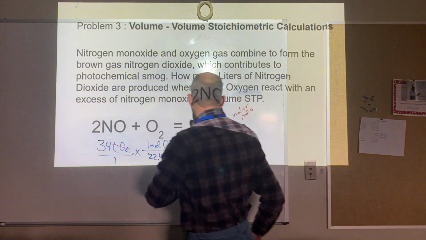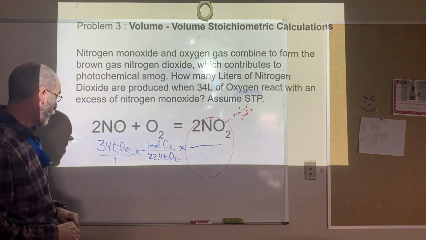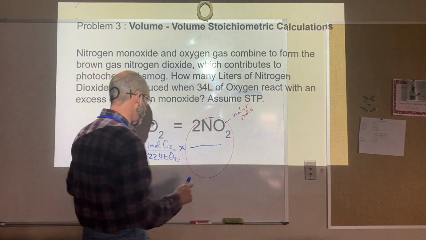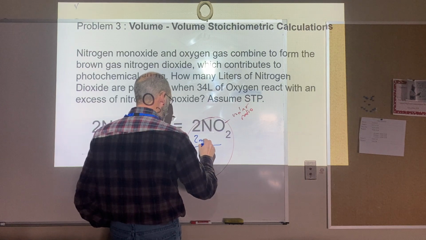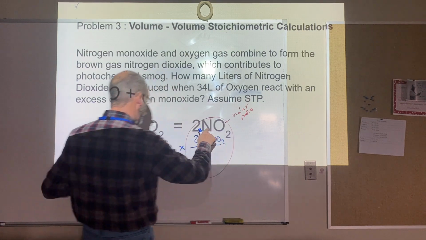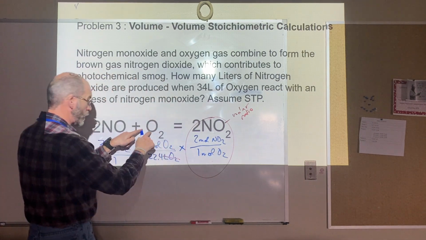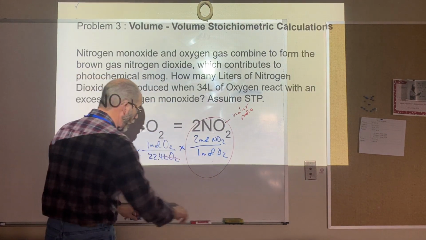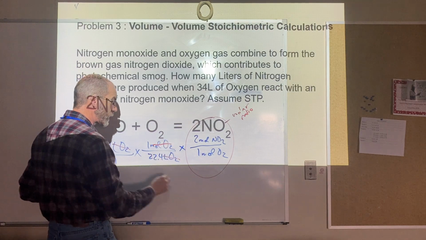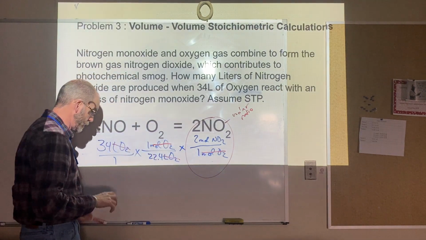So I look and I say, okay, what do I want then? I want to go to moles of NO2. So I have 2 moles of NO2 for every what? For every 1 mole of O2. And where do I get that relationship? From the equation. Will moles of O2 cancel out? You bet your bottom dollar they will.